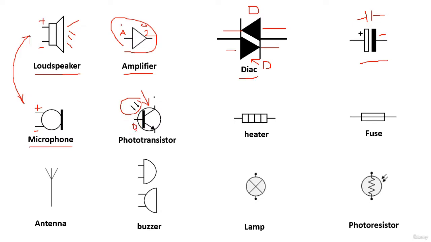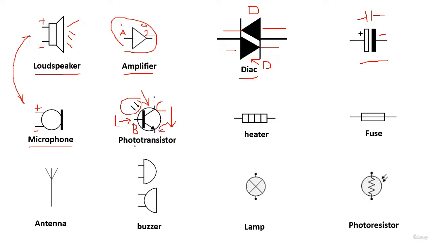We have the base here, the collector, and over here the emitter. The activating signal for the phototransistor is not a voltage or a current. No, it is the light. If the transistor gets light in its base, the current flow will happen over here. So this is a phototransistor.